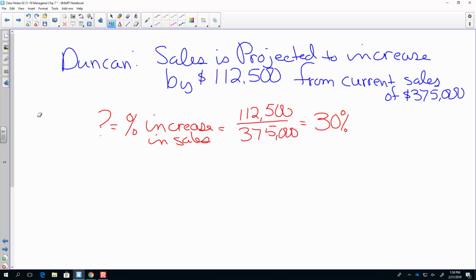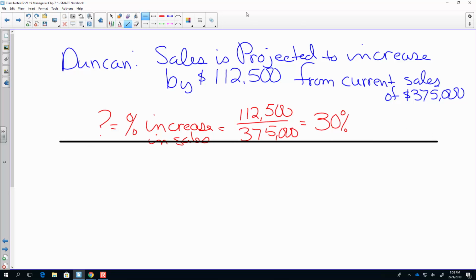I just give you the amount of increase, and you have to compute the percent? That's what I'm looking for you to do. Let me know what the percentage of increase is. Now, I'm going to draw a line here.